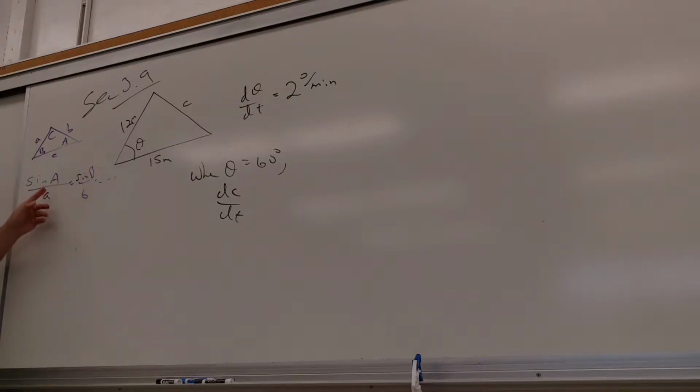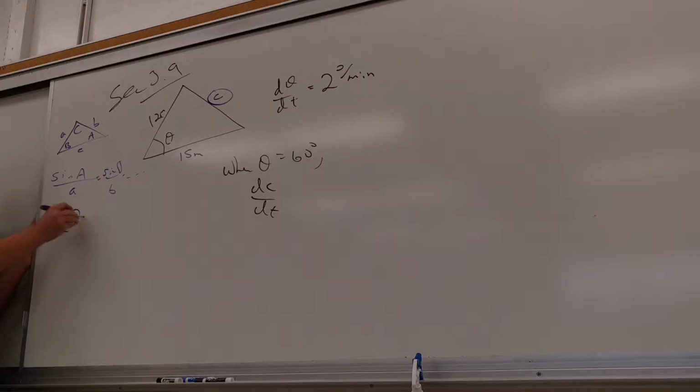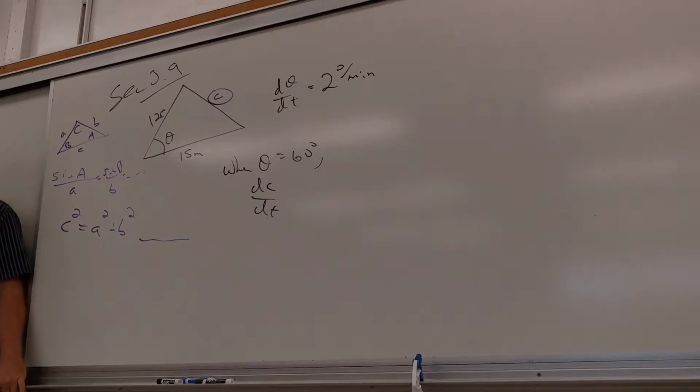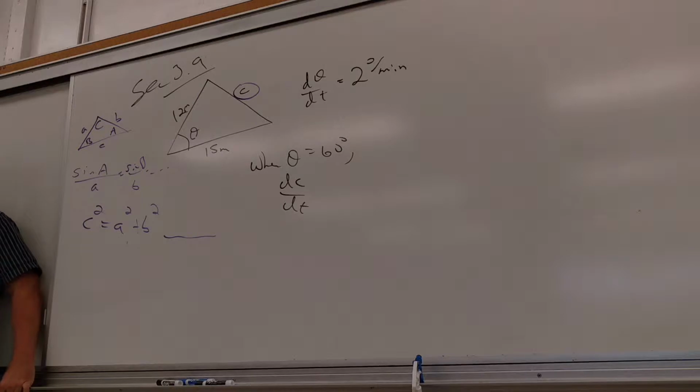So do I have a complete ratio I can make? No, I don't have enough information. So I can use law of cosines. What's law of cosines? Maybe now you see why I call it C. C squared equals a squared plus b squared. It looks like the Pythagorean theorem, but it's more general. Pythagorean theorem is nice, but I want something that works no matter what that angle is, not just for 90-degree angles.